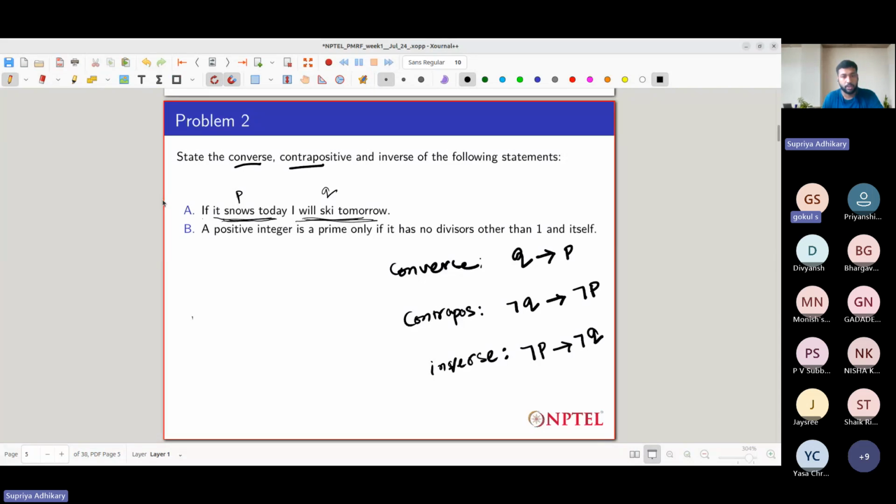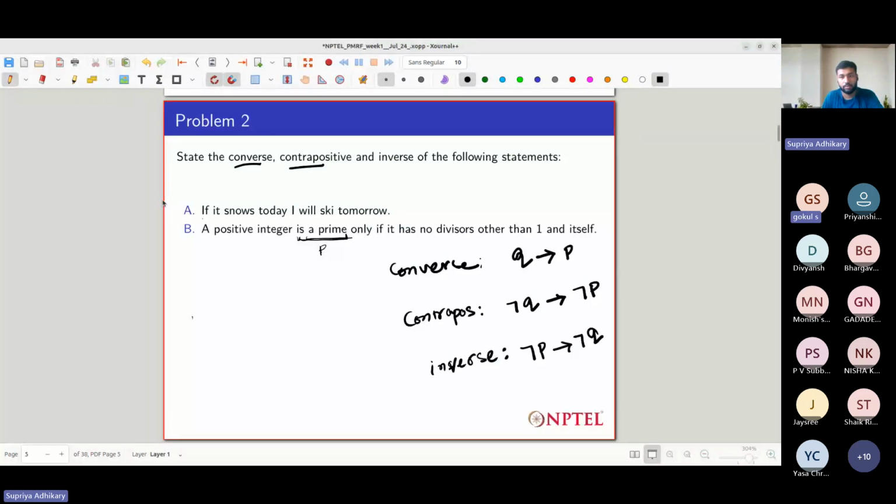Similarly, we can do this for this one. A positive integer is a prime only if it has no divisor other than 1 and itself. So over here, we can assume that a positive integer is a prime. We can consider this statement as the proposition P, and it has no divisor other than 1 and itself.